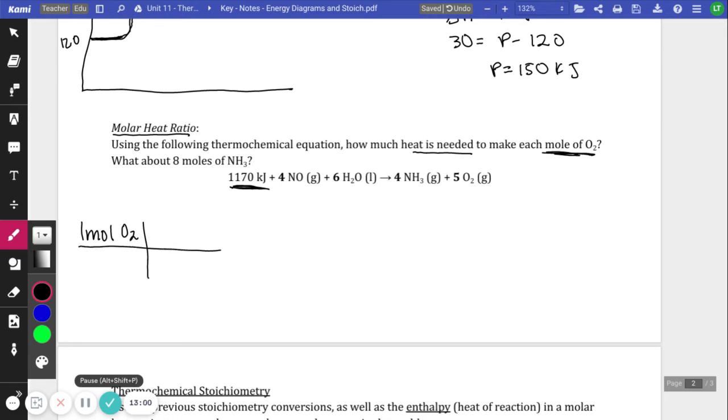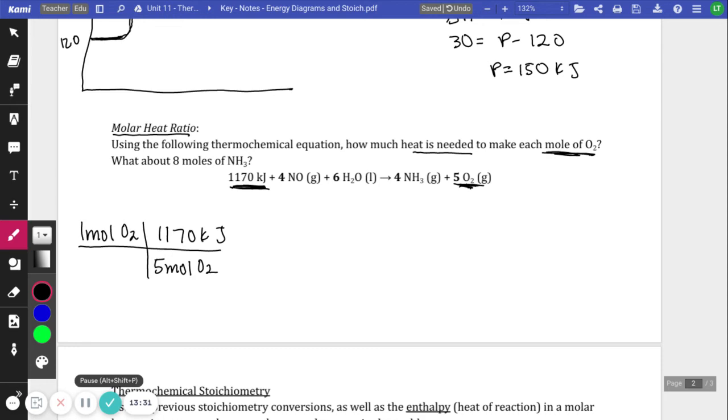So I'm starting with 1 mole of oxygen. And according to my chemical equation, I'm going to do my molar heat ratio. It's not a real word, guys, just so y'all know, but it does help you kind of define it. I can see that for every 5 moles of O2, it requires 1,170 kilojoules. So instead of doing moles of one substance to moles of another, we can do moles of a substance to energy and use that in place of a mole to mole ratio.